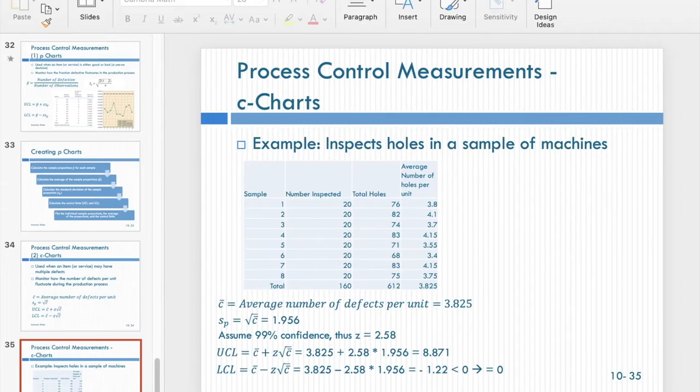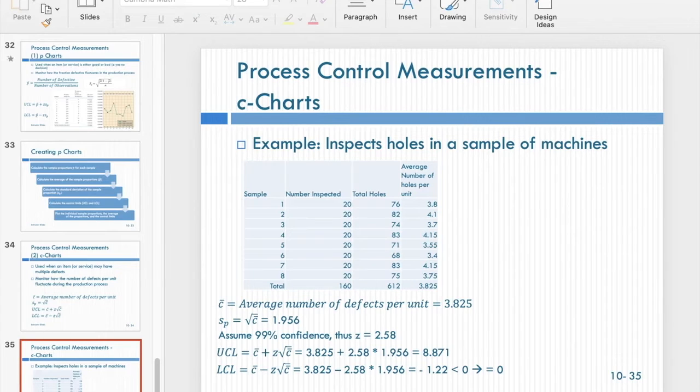For every unit, you can have 0, 1, 2, or 3 holes. Basically, you can have more than one hole within just one unit. That's why the total number of holes can be larger than the number of products that are inspected.